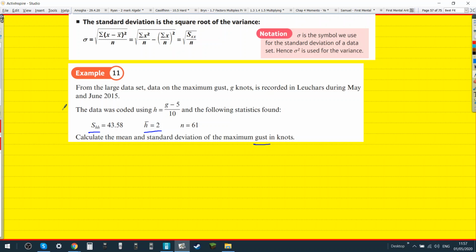Right. Would I have to start off by making G the subject? Yep, very good. So G is equal to 10H plus 5.